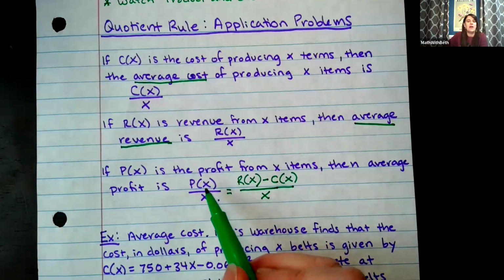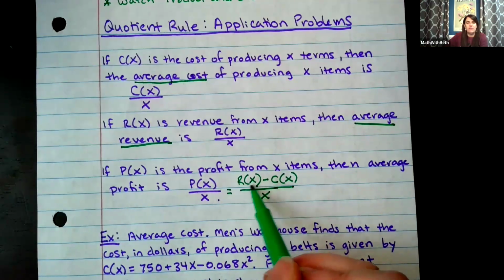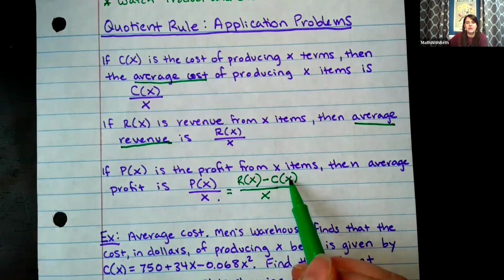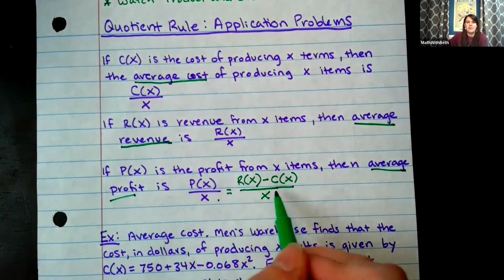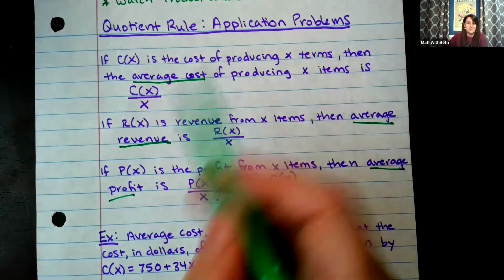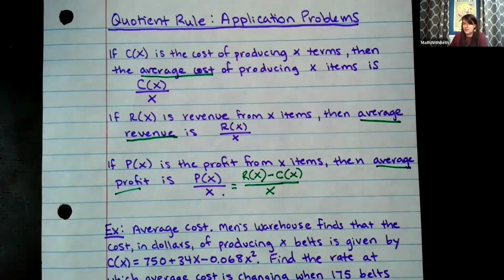So in order to find the profit equation, you might need to take the revenue equation minus the cost equation. But then to find the average profit, divide that by X. So this is just some applications.